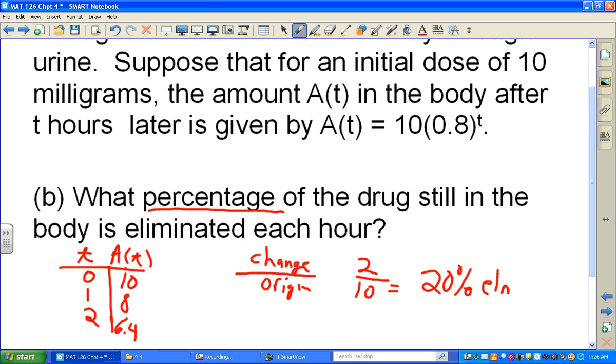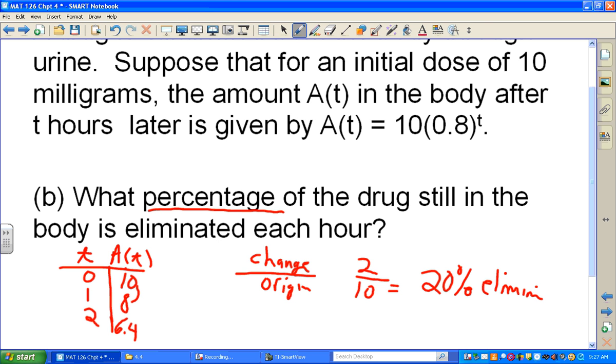Does that sound right? Yeah. Well, yeah, if your base is 80%, you're keeping 80% of it each hour, aren't you? 80% of the previous amount. The question is asking how much is being eliminated.